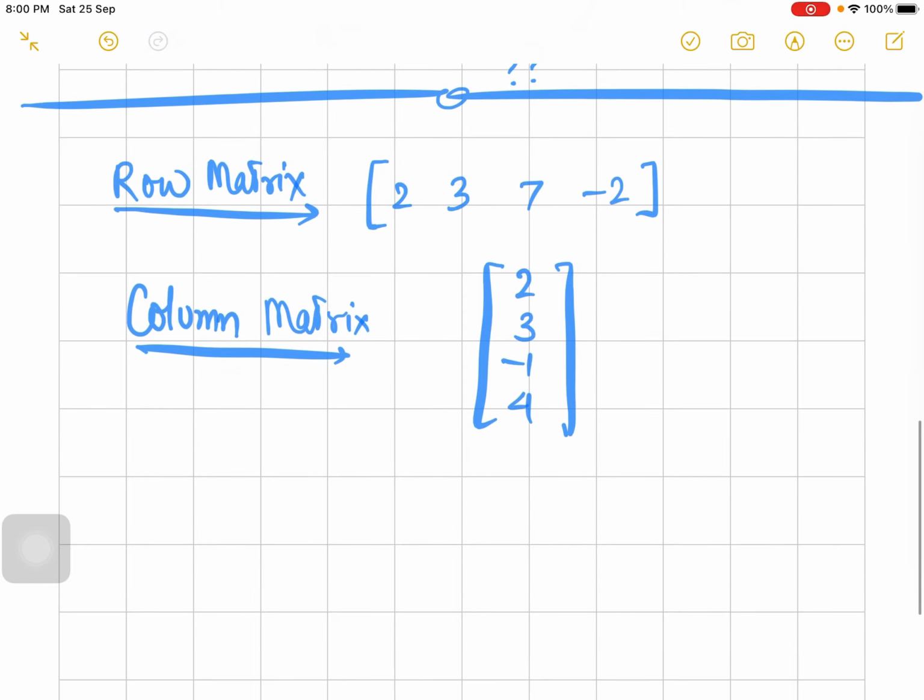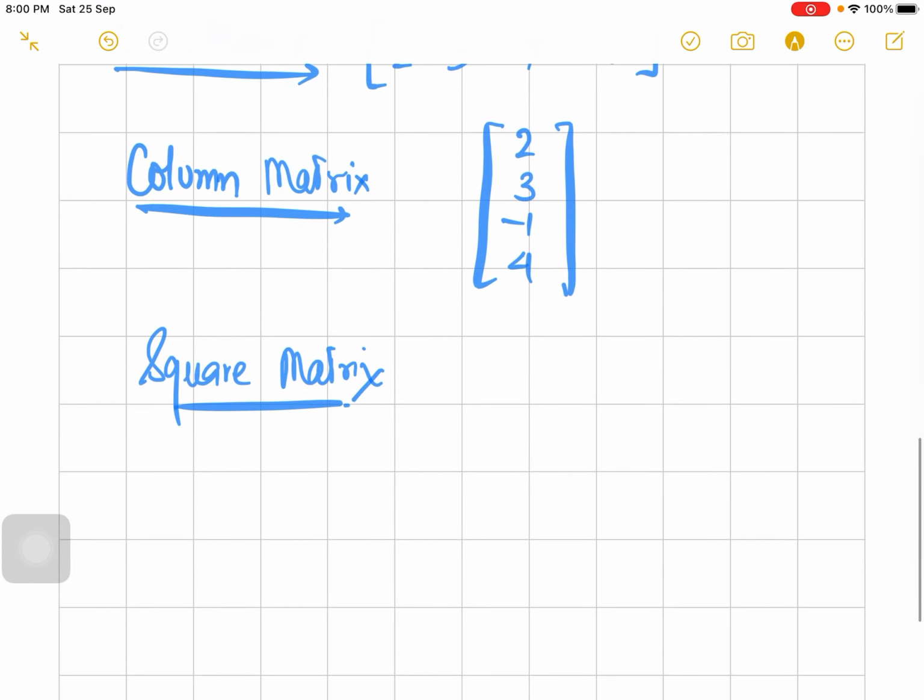Then there is a special category of matrices called square matrix. You might have guessed it, that a matrix will look square only when it has equal number of rows and columns.